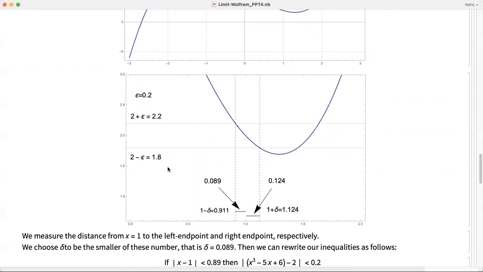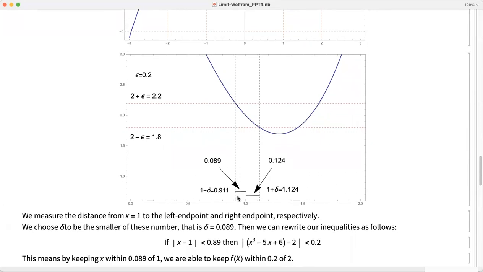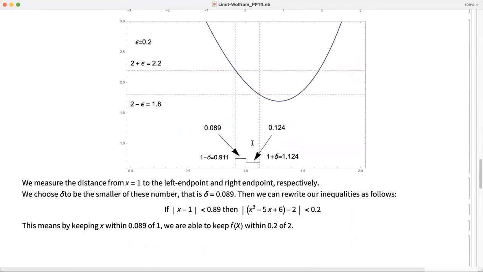Now we need to find the x value whose function value is 2.2, and the x value whose function value is 1.8.